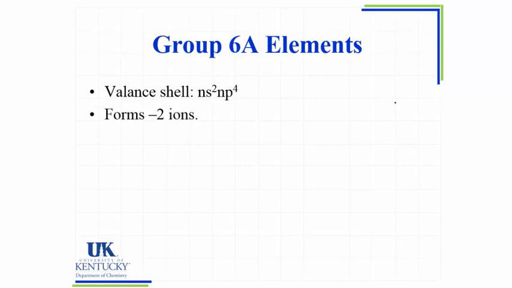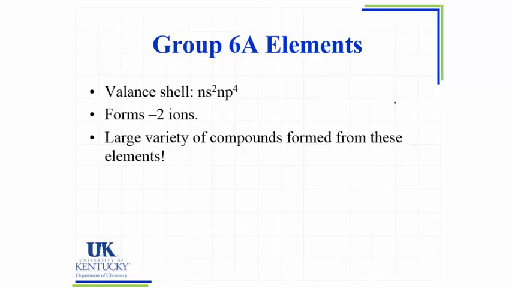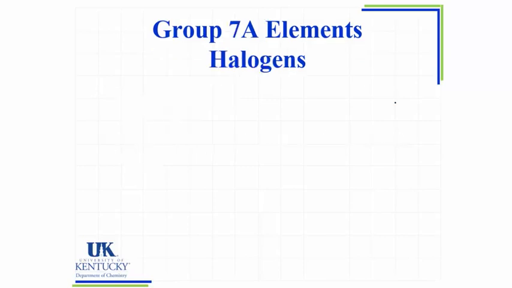And you just have a very large variety of compounds formed from these elements. They play out in a whole gamut. Biological systems use oxygen and sulfur a lot, and we won't get into specific details because there are too many to mention.